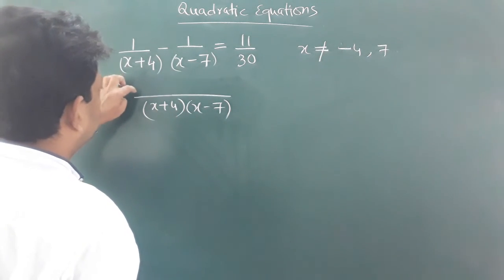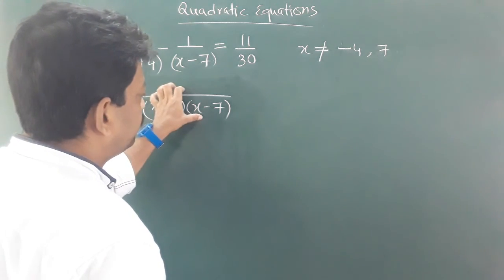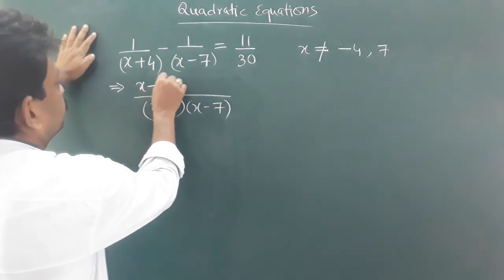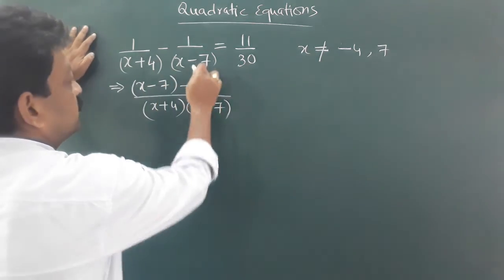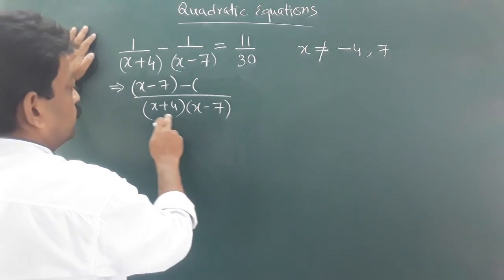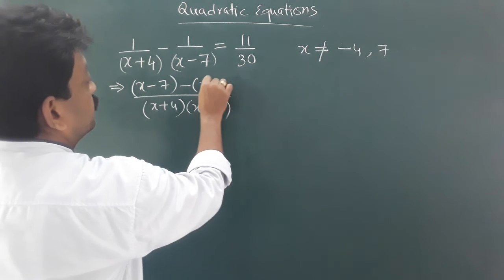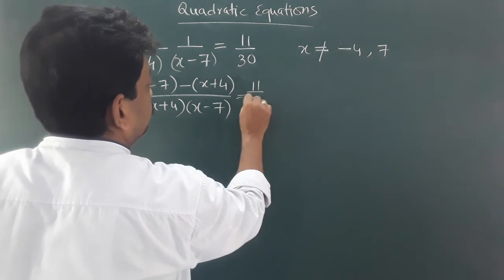Now here x plus 4 is cancelled, so left is x minus 7. x minus 7 into 1 is x minus 7. Minus. Here x minus 7 is cancelled, so x plus 4 is left. x plus 4 multiplied with 1, that is x plus 4 only, equals 11 upon 30.